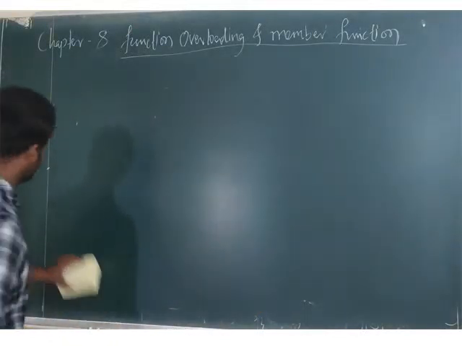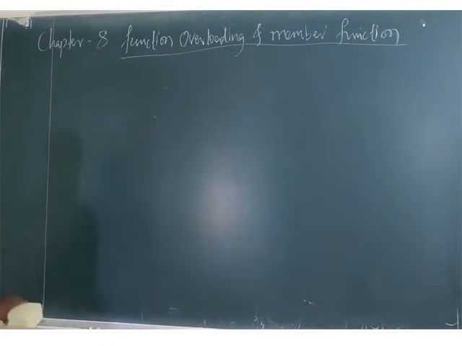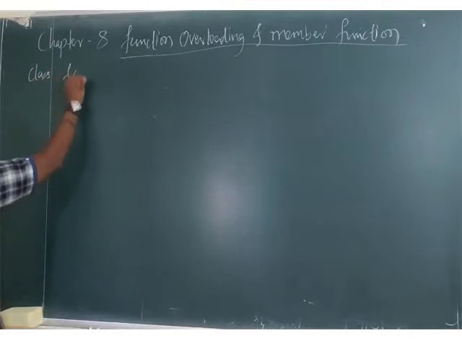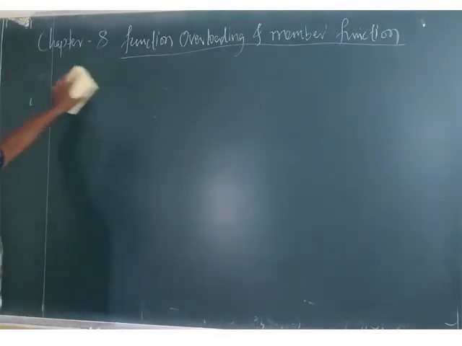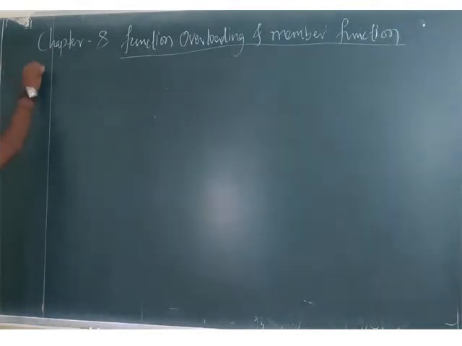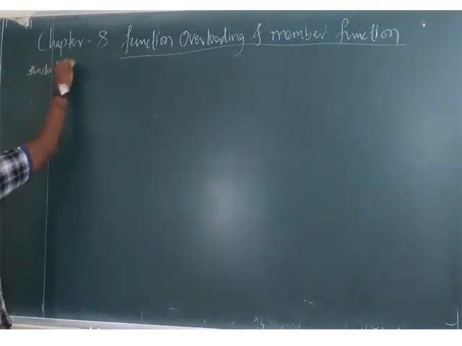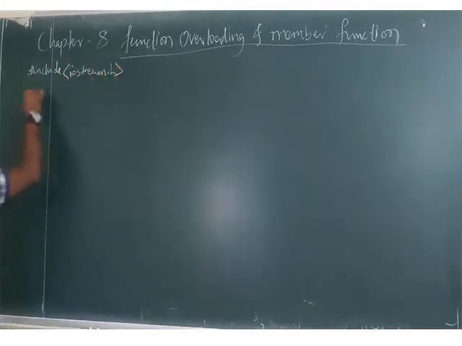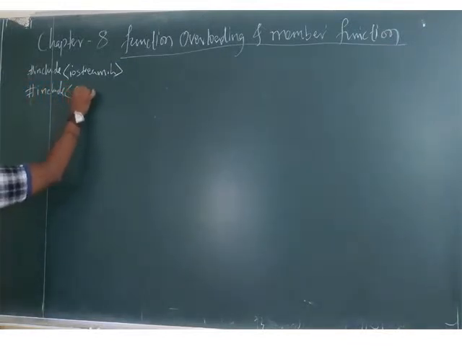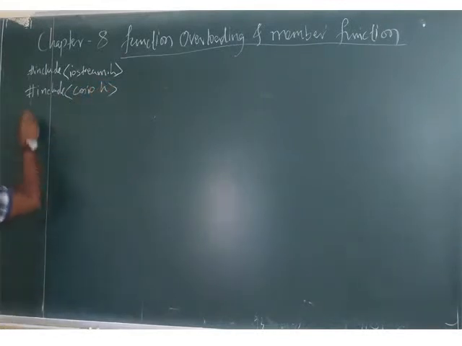Class function overloading. You already know we write in the class. And hash include, all you have to write. So first let us write it on the board. Hash include iostream.h. Hash include overload.h.